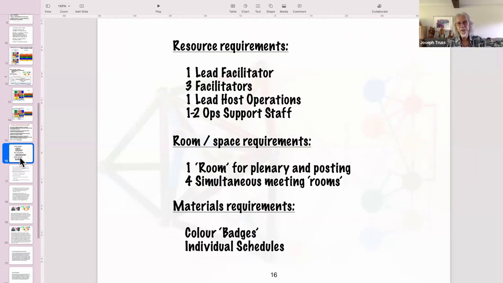These are people who are putting messages up on the board and managing the logistics in the background. Your room and space requirements are simpler. You need 1 large room for plenary and posting, which means to hold 18 people or more. And you need 4 small simultaneous meeting rooms that would accommodate up to 8 people, 4 people and critics. And the material requirements are color badges to help you navigate and the individual schedules that allow you to navigate throughout the entire process.